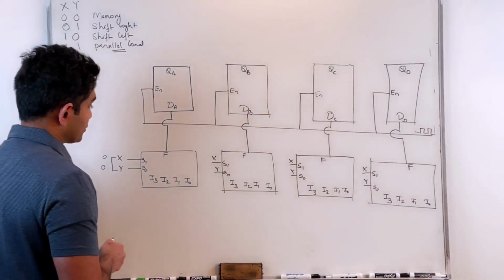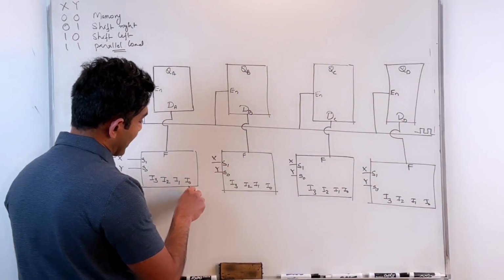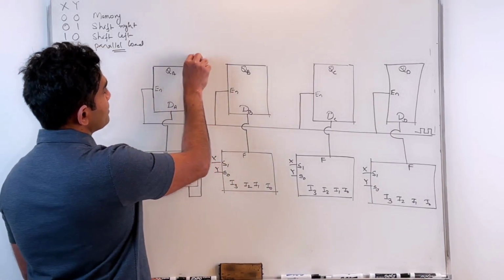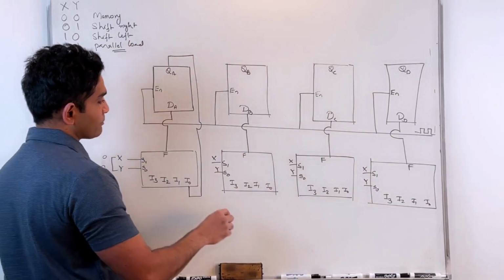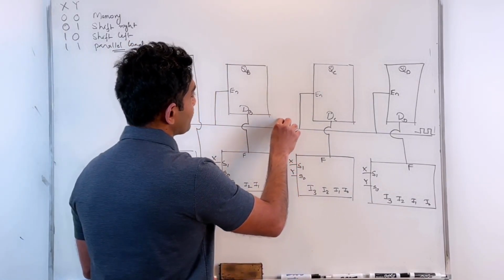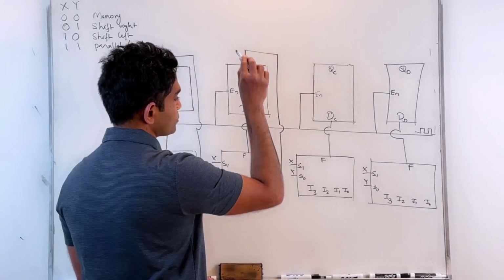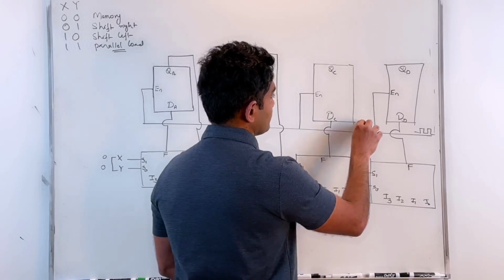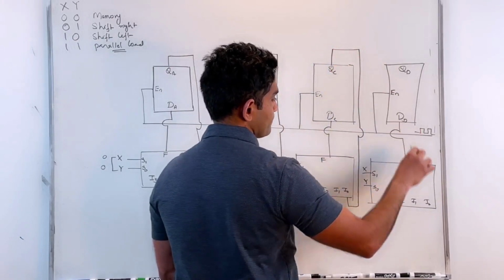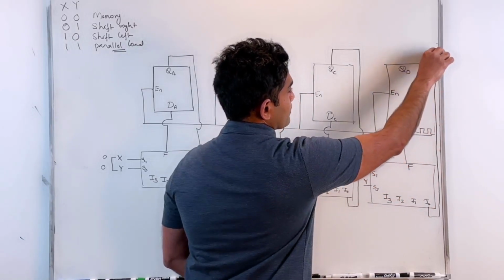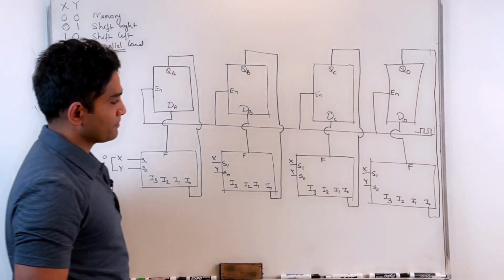And one way of ensuring that is by feeding back the Qs to I0, just like what we've done for the parallel load register.